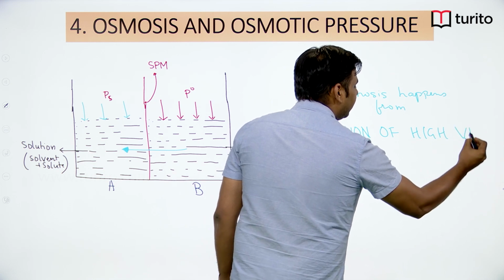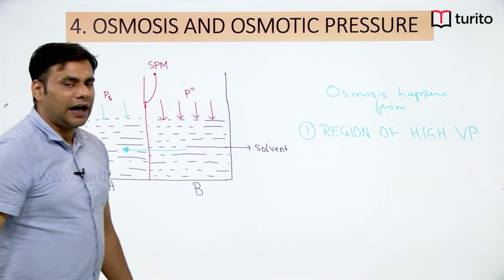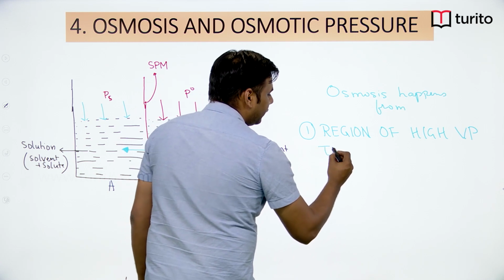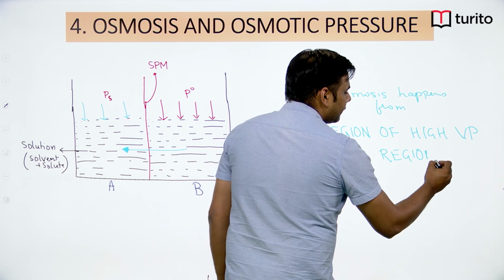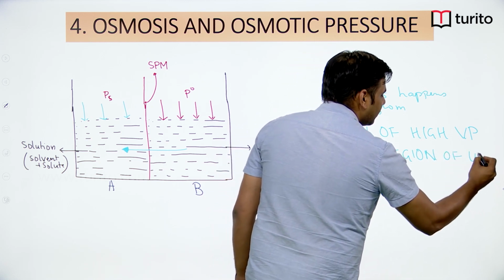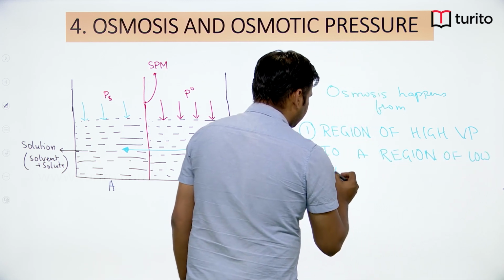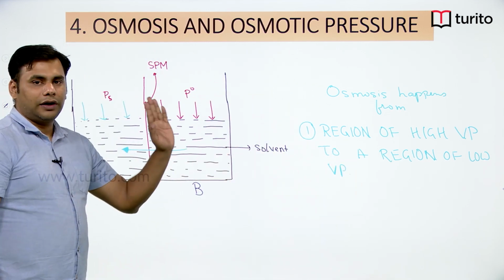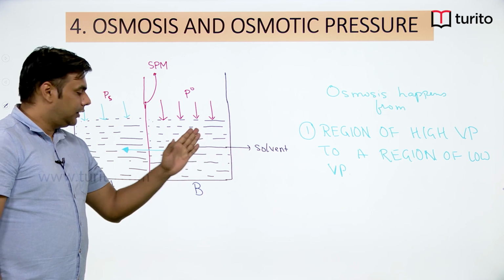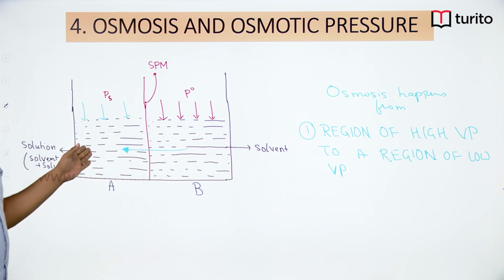Vp is your vapor pressure. Okay, hope this is clear to you. So we come to know that solvent will move from container B into the container A.